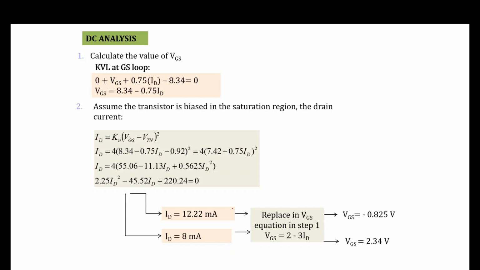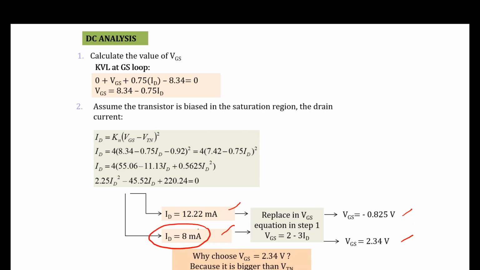You obtain 2 drain currents and 2 VGS. The VGS you are going to choose is the one that is 2.34 because it is bigger than VTN, which means that the ID is 8 milliampere.